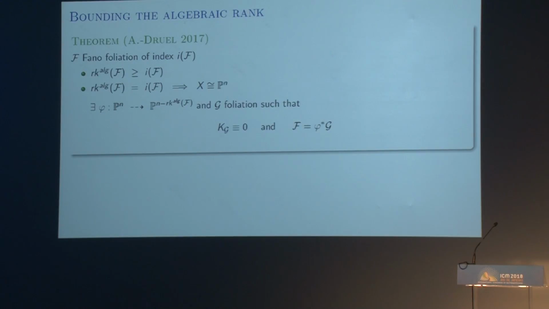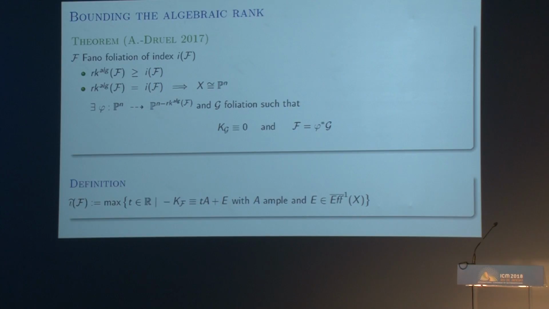For movable curve classes, we actually don't need to assume that the anti-canonical bundle of the foliation is ample. So we are allowed to define a sort of modified index which measures, again, the positivity of a foliation, but in a different way.